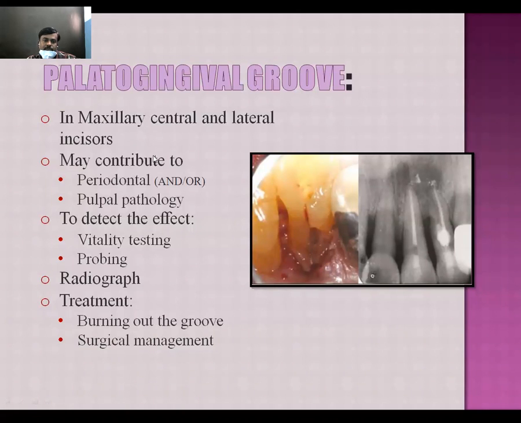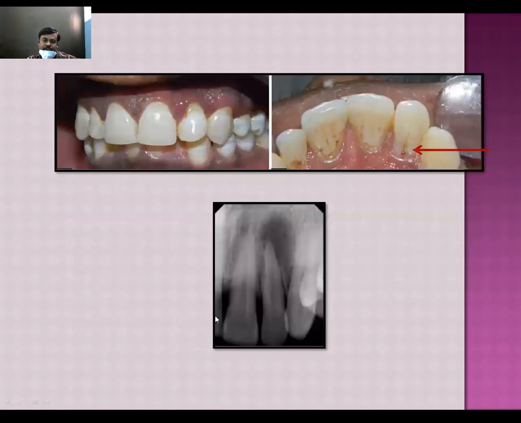It may contribute to spread of infection from periodontal tissues to pulp or from pulp to periodontal tissues. So it is very important to detect the palatogingival groove, do vitality testing, check the periodontal status of that particular tooth, take a radiograph, and plan treatment according to your history.